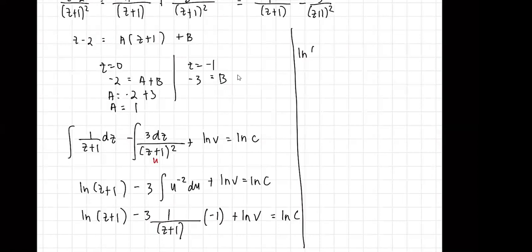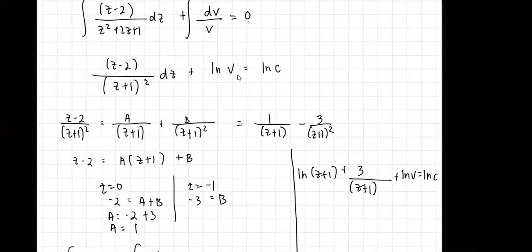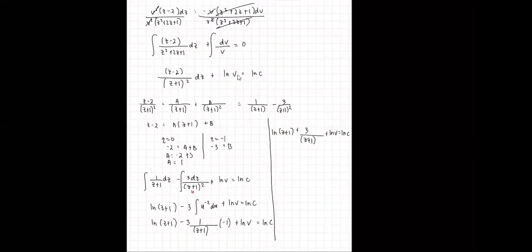Next is ln z plus 1 minus plus 3 over z plus 1 plus ln v is equals to ln c. Pero hindi pa to tapos, no? Kailangan i-substitute natin back siya dun sa inassume natin na value natin.